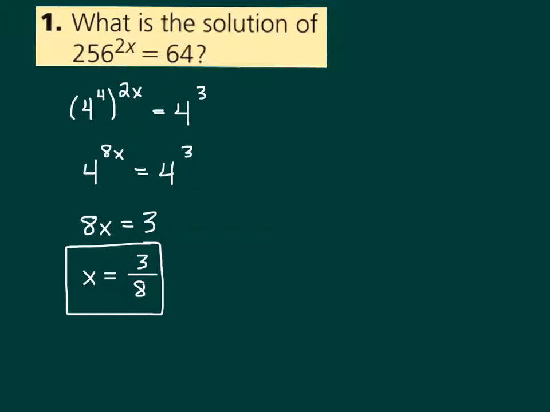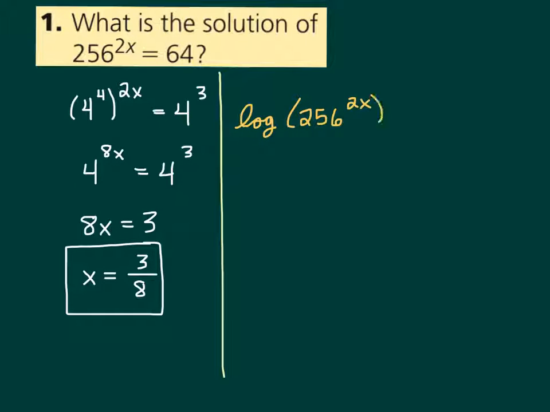A new way to look at this type of problem is using logarithms. Since a logarithm is just a mathematical operation, what we can do is take the log of both sides. I'm going to do log of 256 to the 2x equals log 64.